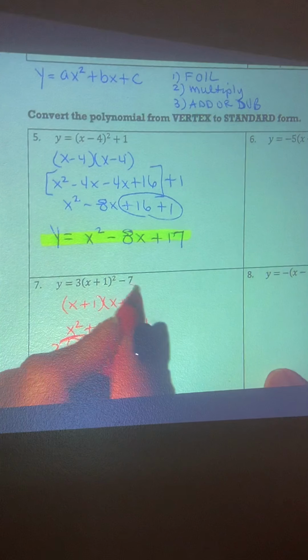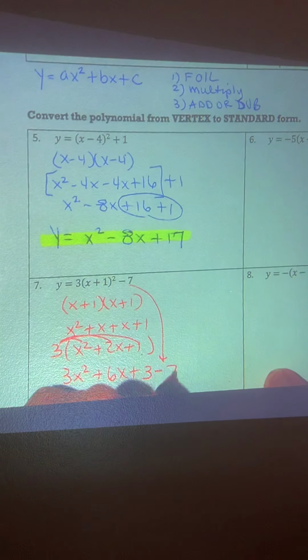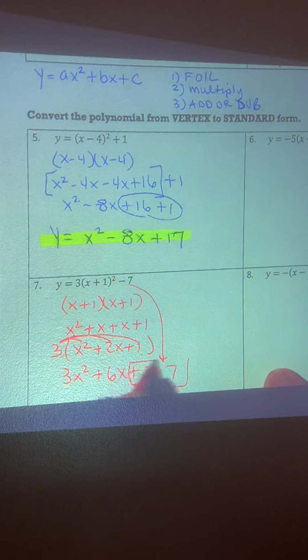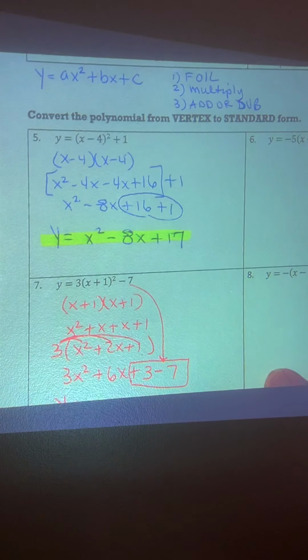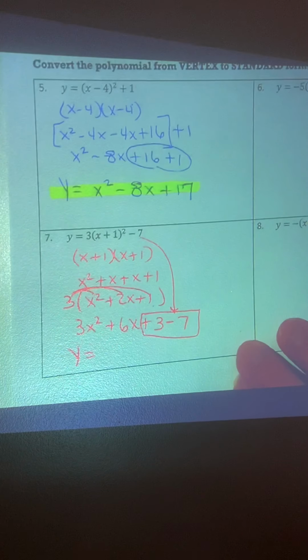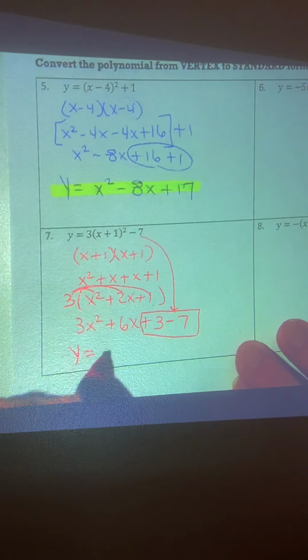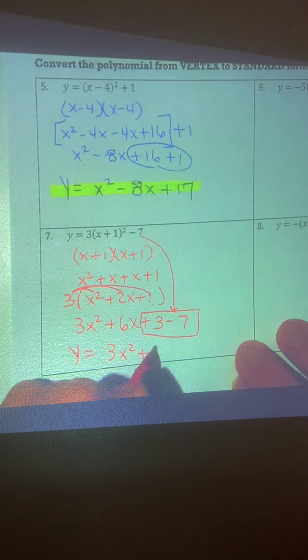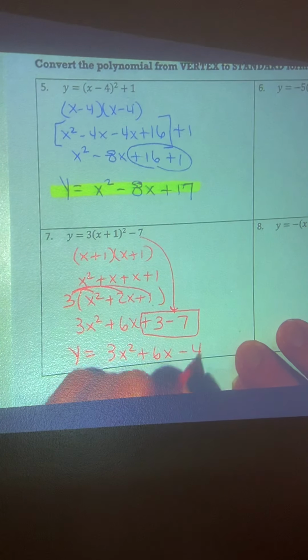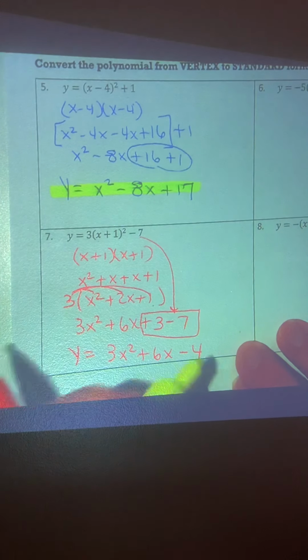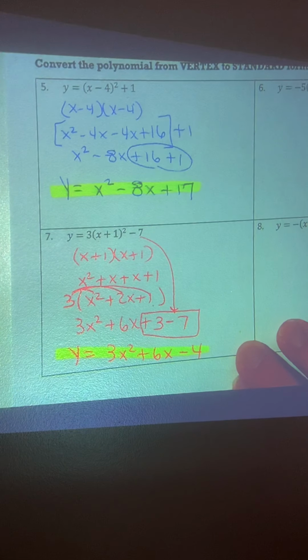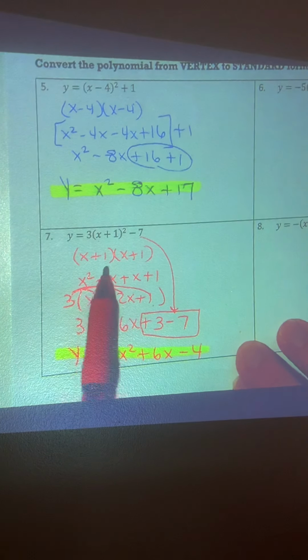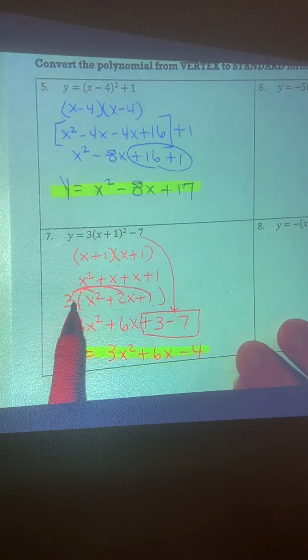And then the very last thing I do is subtract 7. Y equals 3x squared plus 6x, 3 minus 7, negative 4. FOIL, then multiply everything by 3, then we subtract 7.